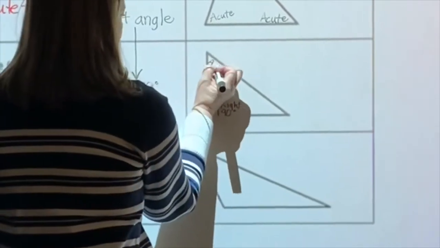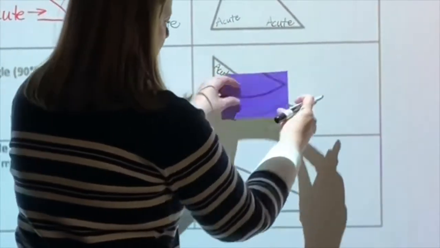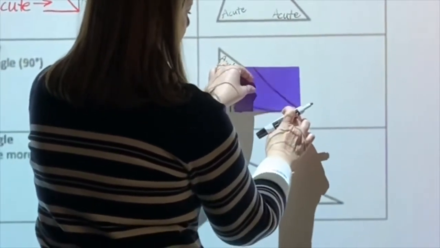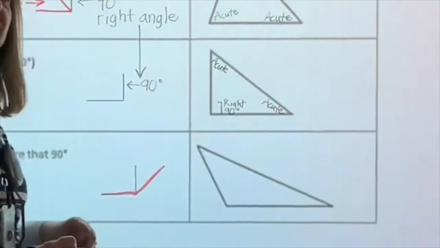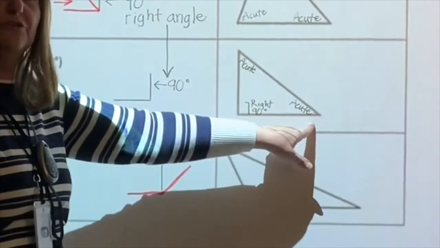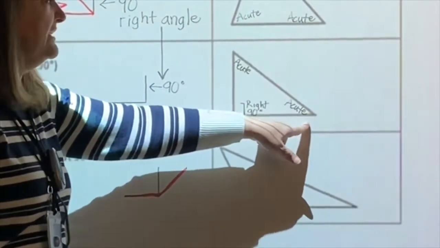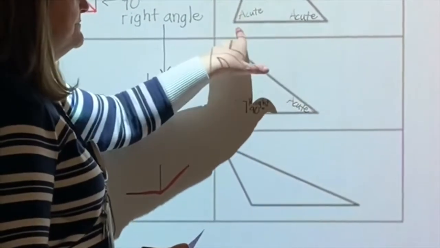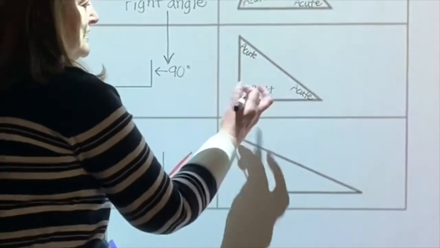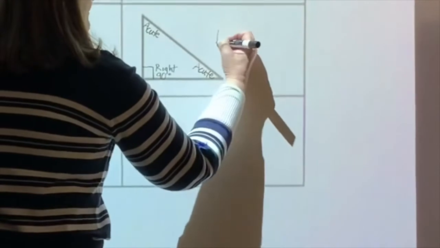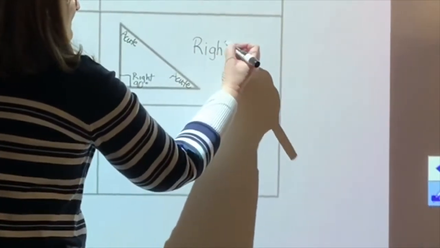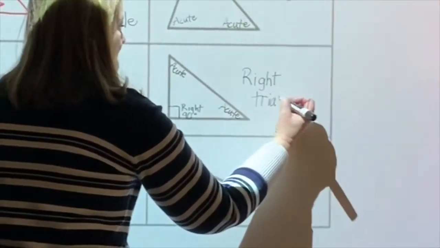This one is acute. And we look at this one, it's less than 90 degrees. This one is also acute. Every triangle is going to have two acute angles. It is only an acute triangle if all three of them are acute. So this one, two of them are acute, but one of them is right. So this is a right triangle.